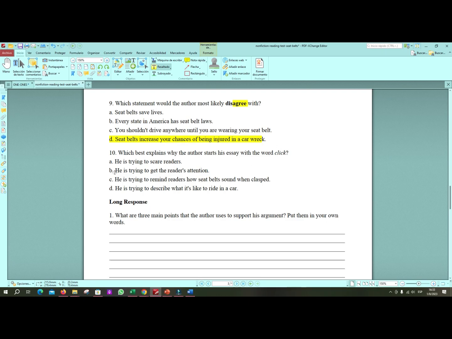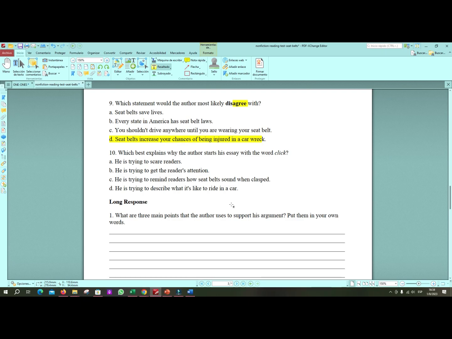And the last one, which best explains why the author starts his essay with the word click? He's trying to scare readers. He's trying to get the reader's attention. He's trying to remind readers how seatbelts sound when clasped.